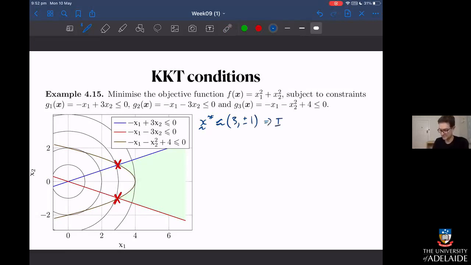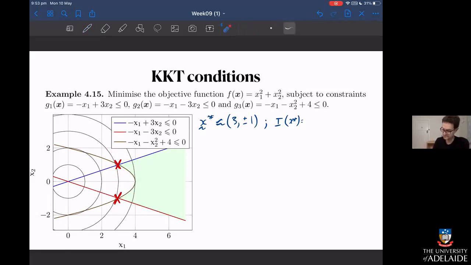And what does that mean? So, either my active set is, if I'm up the top, then the blue constraint and the brown constraint are activated at once. So up the top, that point there is at the intersection of the blue and the brown curves.